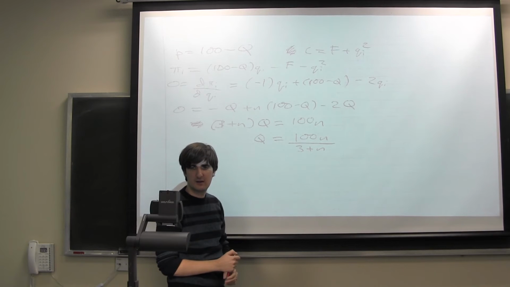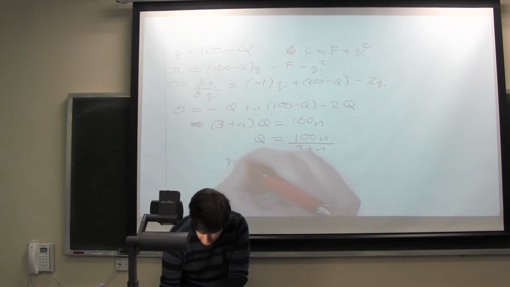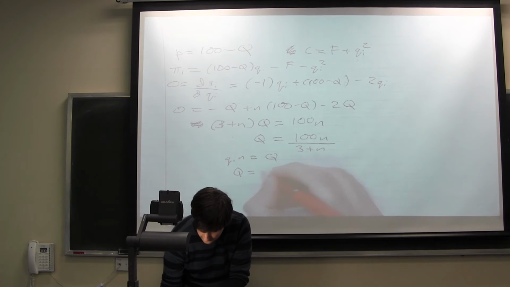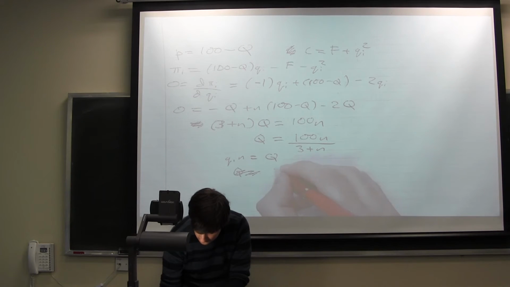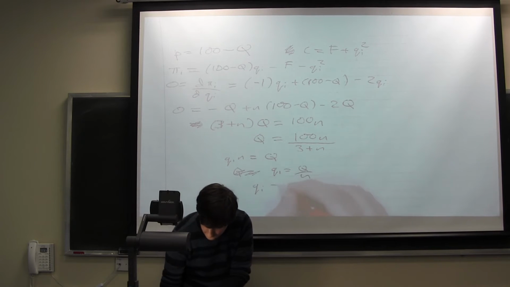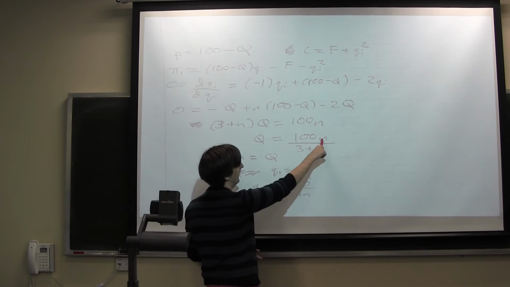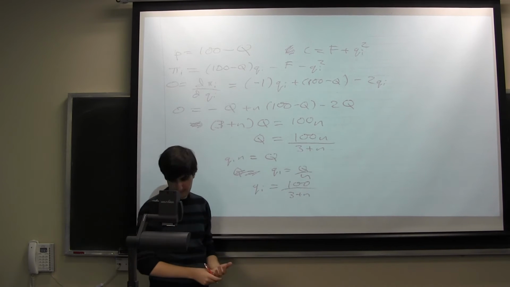Q1 times n is big Q. So little q1 is big Q divided by n. So qi for any i is 100 divided by 3 plus n. This is 100n, so we can just get rid of the n.